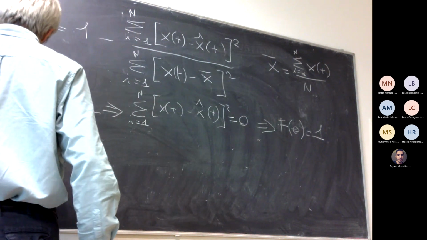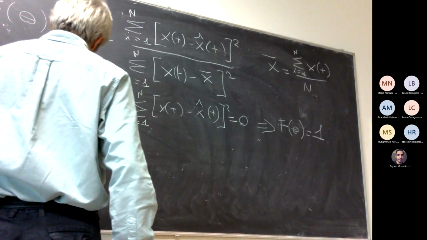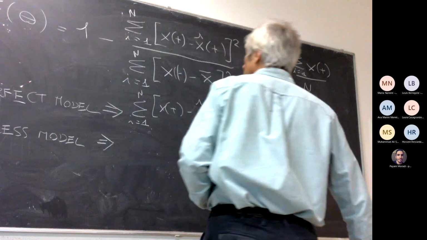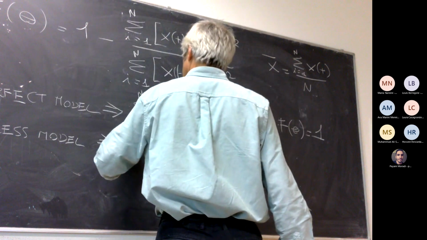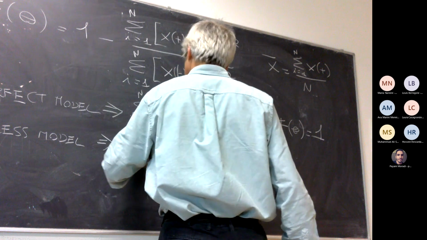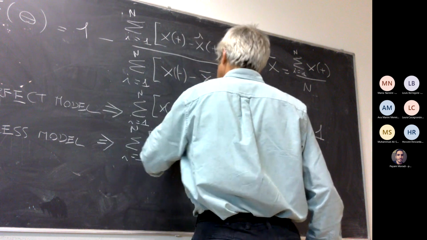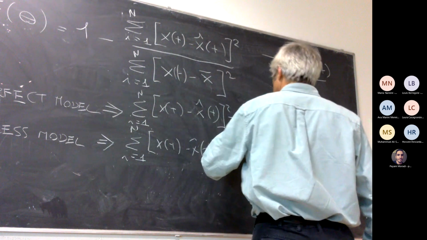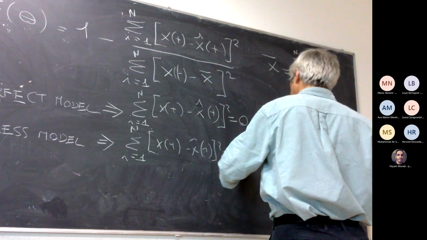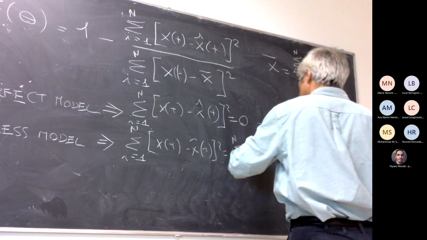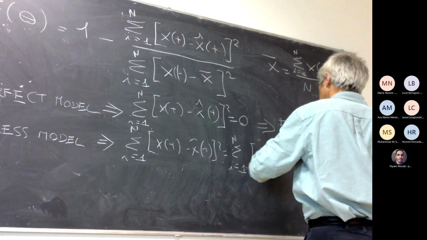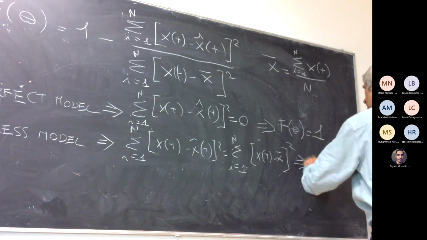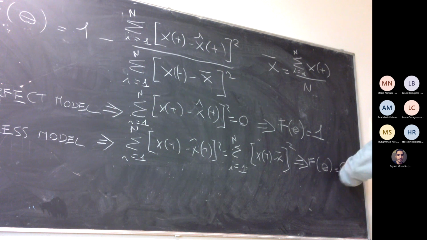Useless model. Useless model, I get that the sum between i equal 1 and n of x_t minus x hat_t squared is equal to the sum i equal 1 to n of the denominator, so it's x_t minus x average squared, and therefore I get f theta equal 0.